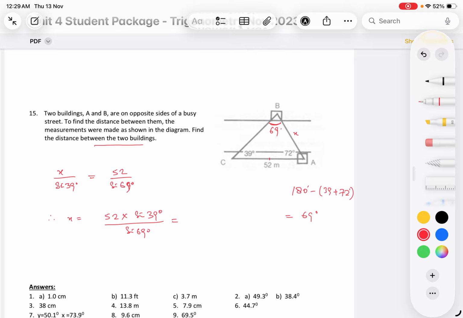So let me find the answer. 52 times sine 39 divided by sine 69 gives me 35.052 meters, and if we round it off to the nearest meter, it will be 35 meters.